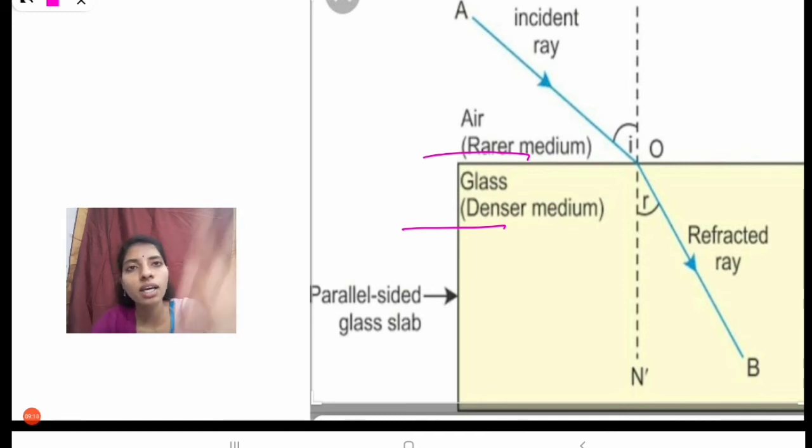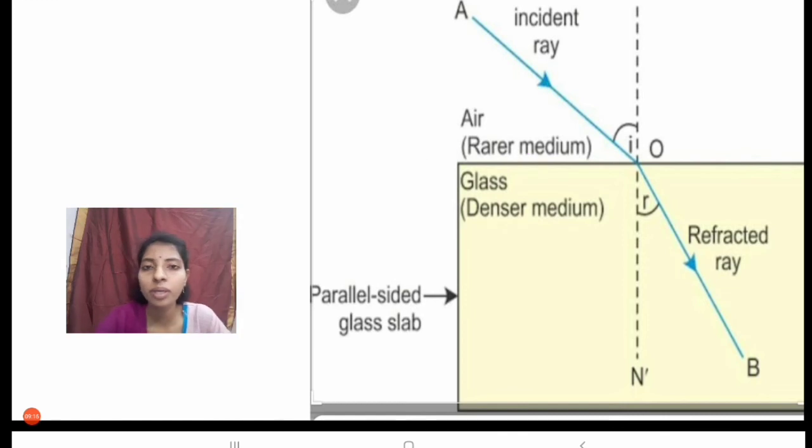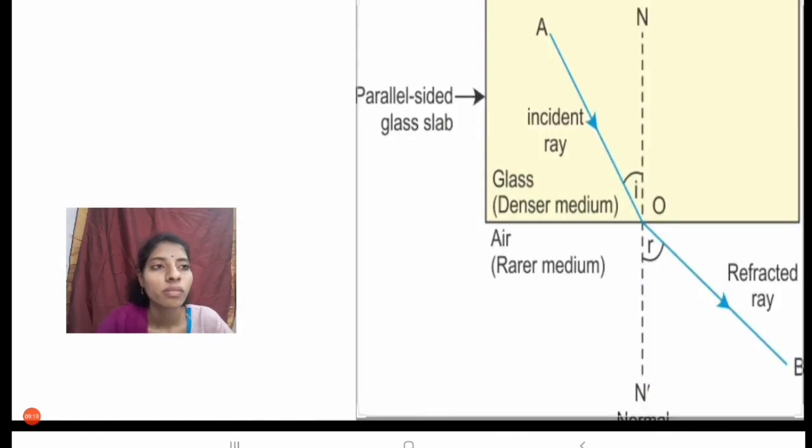So what is a rarer medium and denser medium? See here, the glass medium is a denser medium and air medium is a rarer medium.